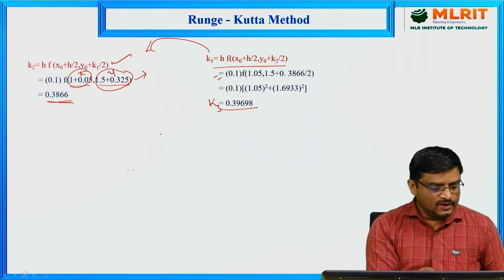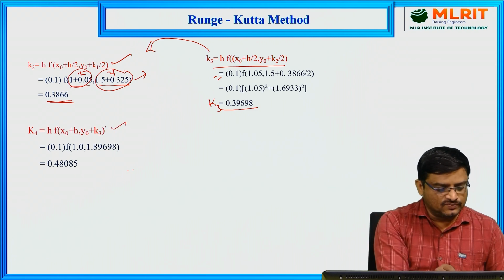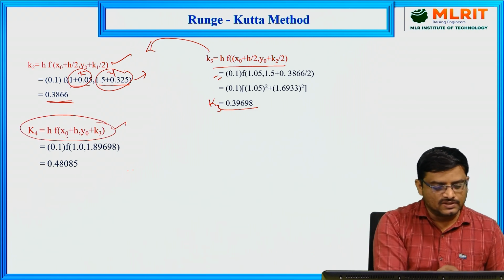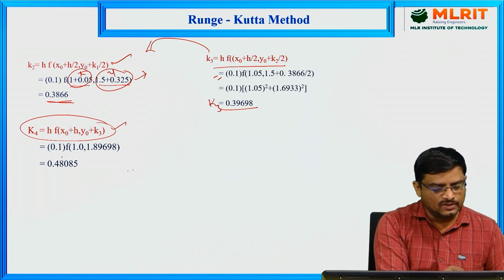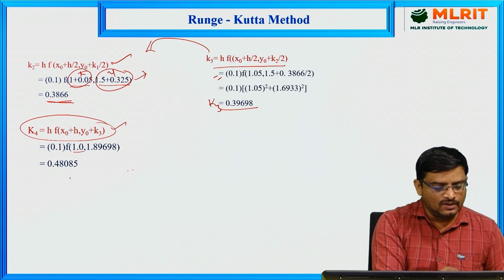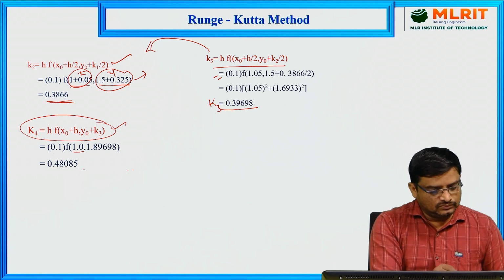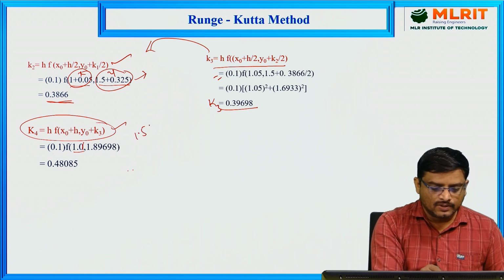Now finally go for k4. This is the formula, you have to remember these formulas. So substitute h value as 0.1 and x0, that is 1 plus h 0.1, you will get 1.01, and y0 plus k3, y0 we got that 1.3 plus 0.3968.